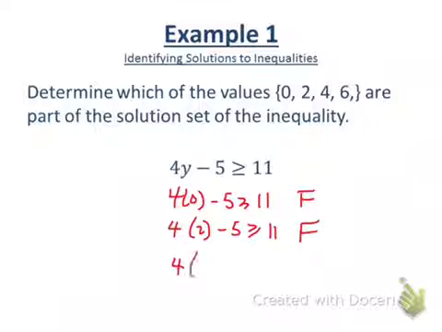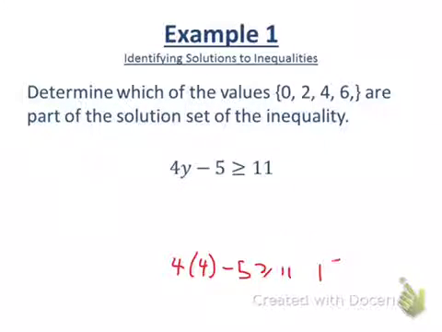Is 4 times 4 minus 5 greater than or equal to 11? Yes. So 4 is a solution. We can confirm that they're solutions, or we can solve the inequality. It does not tell you what method to use here, does it? So we can use whatever method we would like to accomplish our stated purpose.